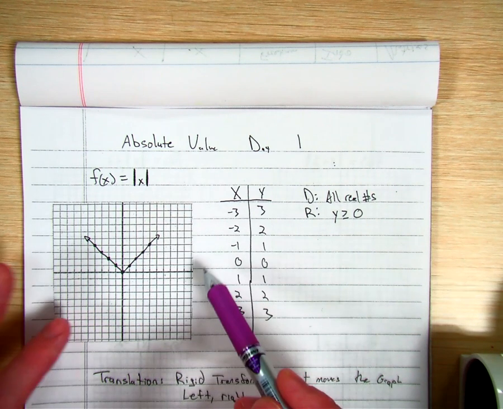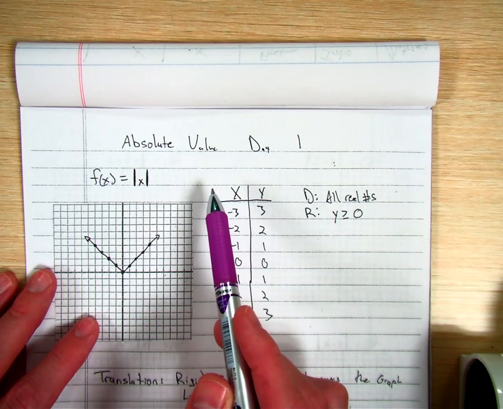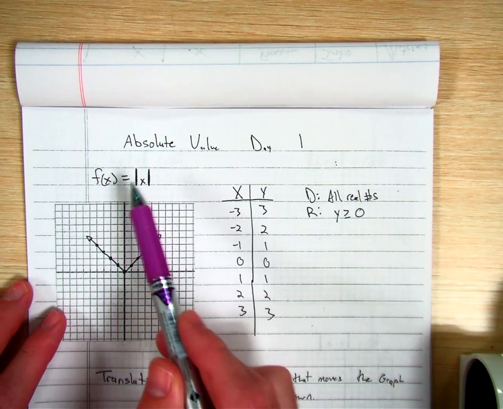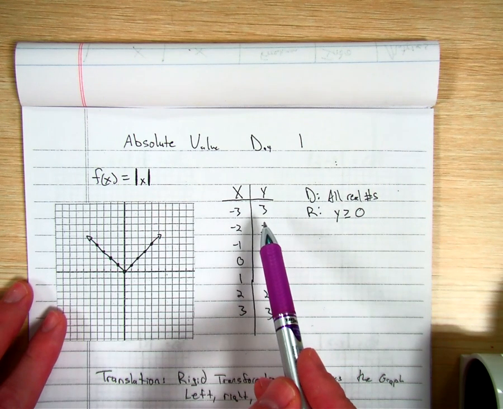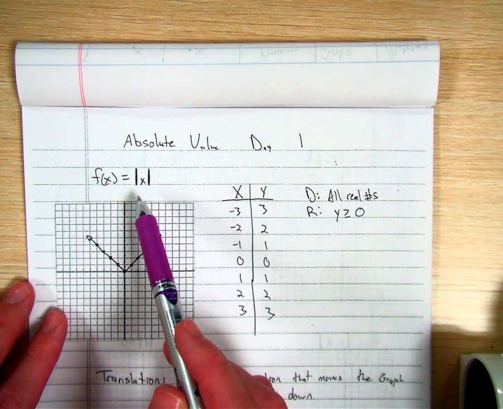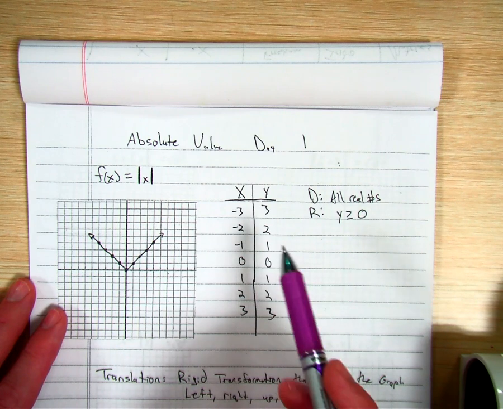What you might remember from your previous work is that absolute value is sometimes considered like the positive function. Whatever goes into it comes out positive, because absolute value is thinking about how far away something is from 0 on the number line.